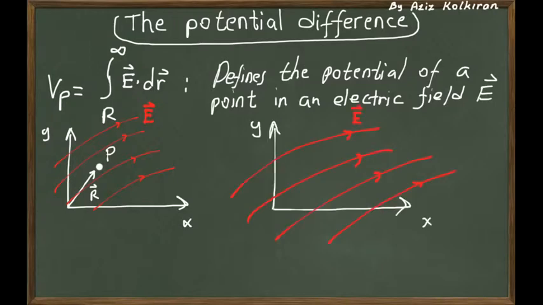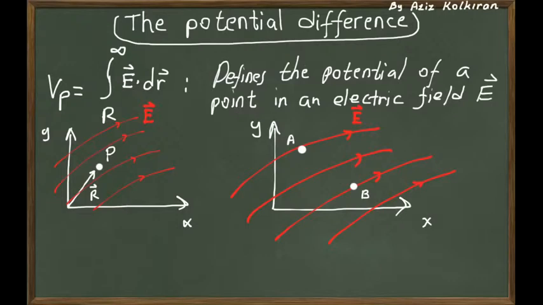Alright, so the next is, what about having two points in a region of space, let's call these A and B, and you want to find the potential difference between these two points? Because, as I said, you can define a unique potential for every point P. If every point has some unique potential, then any two points will have different potentials.